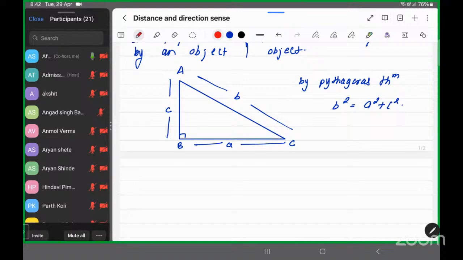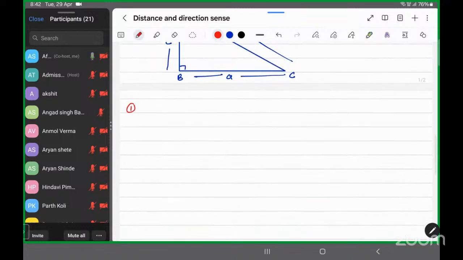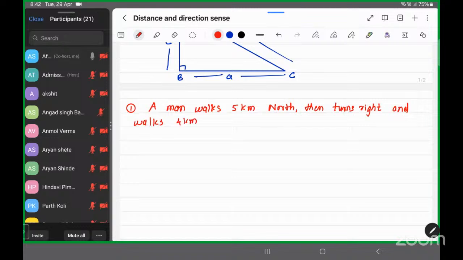Let's see the first question. A man walks 5 kilometer north, then turns right and walks 4 kilometer.